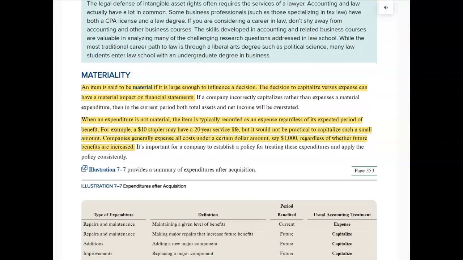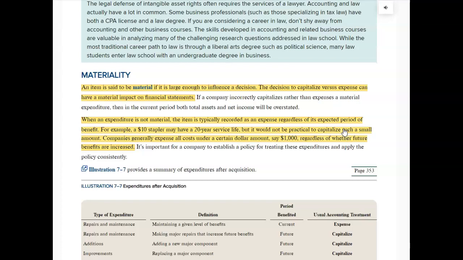Now, materiality is a concept that after a certain dollar amount, it would have an impact on someone's decision about the company, whether it's a stockholder who wants to sell stock, a new stockholder who wants to buy stock, or a creditor who might loan money to the business.